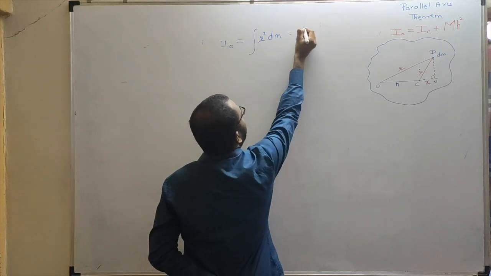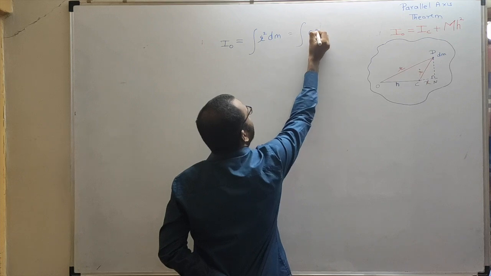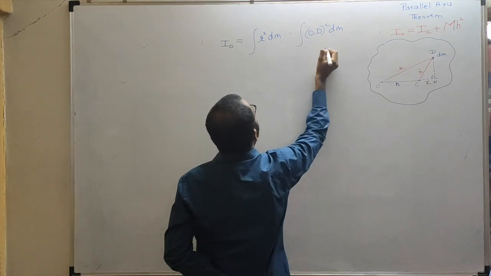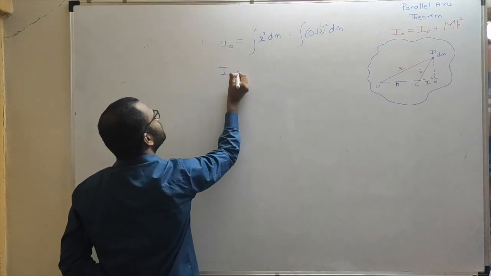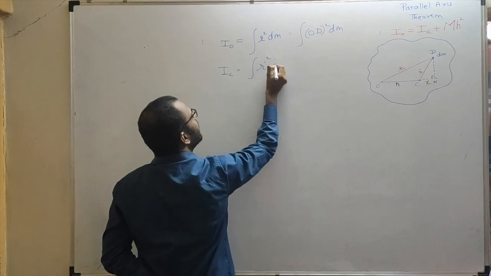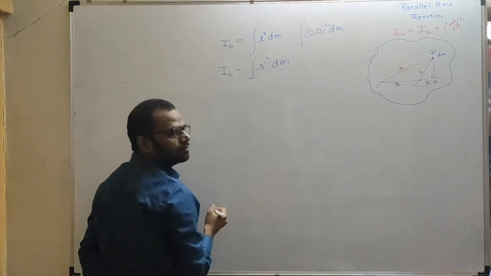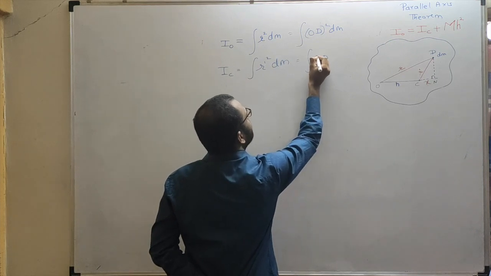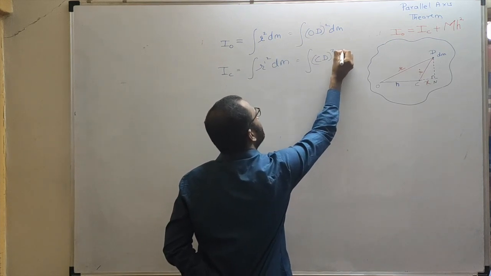And that is nothing but integration of OD square dm. What will be IC? Integration of R dash square dm. So that is nothing but integration of CD square dm.